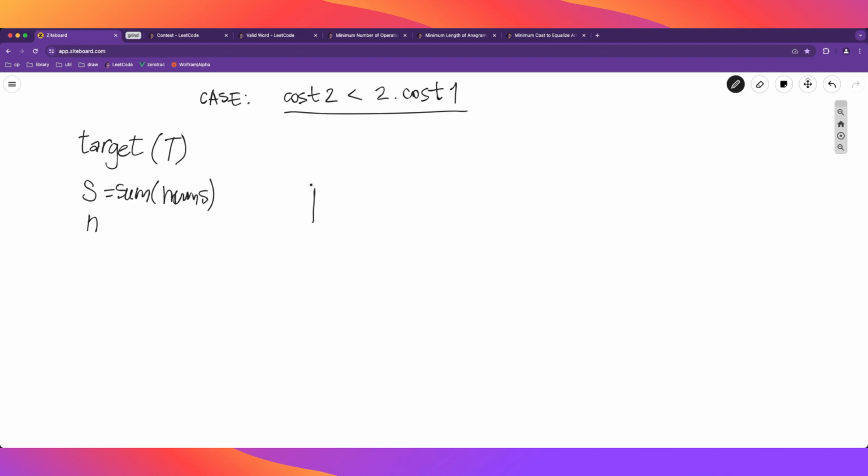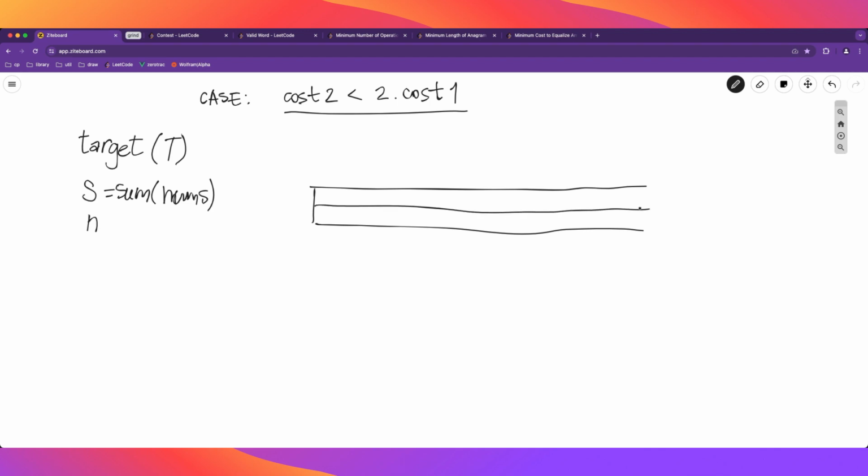We can use this rectangle to represent the operations that we're going to do. Right? So the size of this is going to be the first operation, then this is going to be the second operation, the third operation, and so on, up to, and how many operations are we going to need?